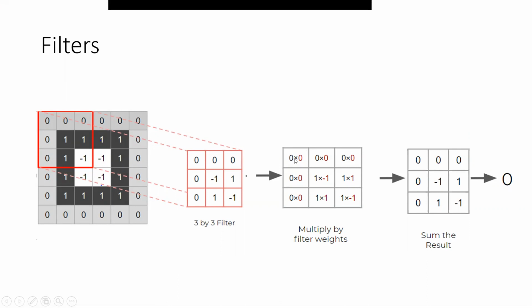If you sum up 0 plus 0 plus 0 plus 0 plus minus 1 plus 1 plus 0 plus 1 plus minus, the summation would be 0. So the output value of that pixel, when multiplied with this filter, would be 0. Then it would stride by one more pixel, and the calculation would be done for the next range of pixels.